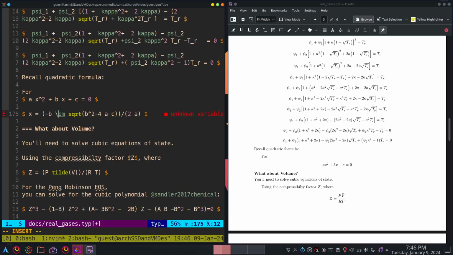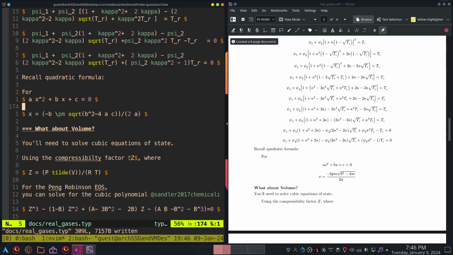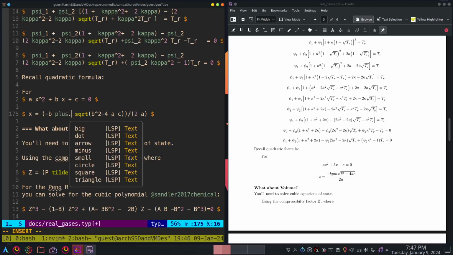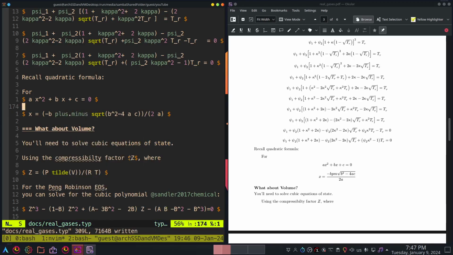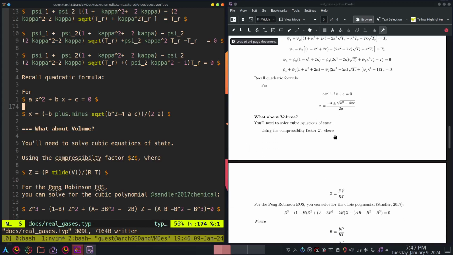So what should plus minus be? Plus minus should be plus dot minus. Yes, literally plus minus, not PM like LaTeX.